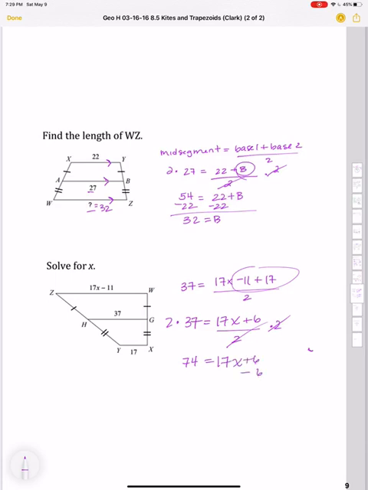I'm going to subtract 6. So then that would be 68 equals 17x. And 68 divided by 17 is 4. I am tired. Okay, so that is what x is. That's all I had to find. So x equals 4. Nice.